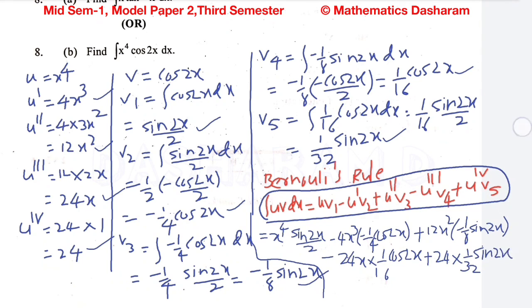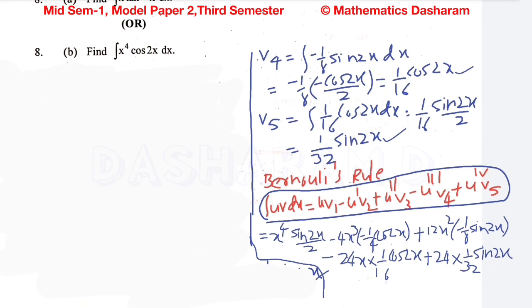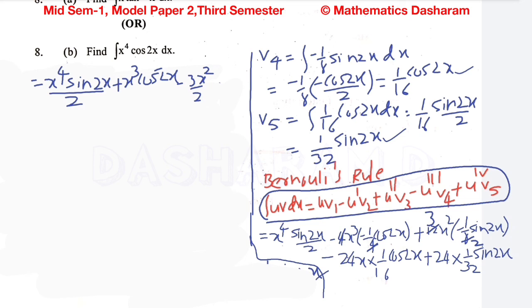So it is equal to x to the power of 4 sin 2x divided by 2. Here the 4 cancels, minus and minus is plus, x cube into cos 2x. Plus, here 12 and 8 both come in the 4 table, 4 2s are 8, 4 3s are 12, so minus 3x square by 2 into sin 2x.